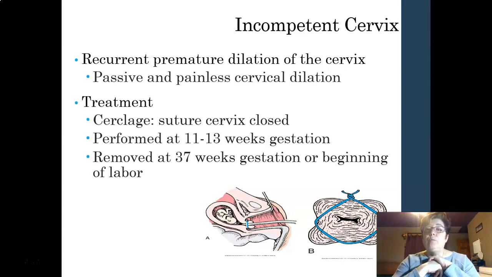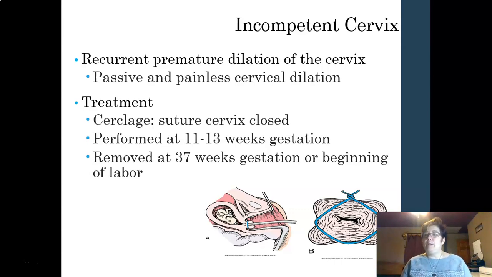Now, the problem with an incompetent cervix is we have no way of predicting who this is going to happen to, who is at risk for this. It is typically diagnosed after the fact and after she has experienced several miscarriages around 14, 15 weeks gestation.